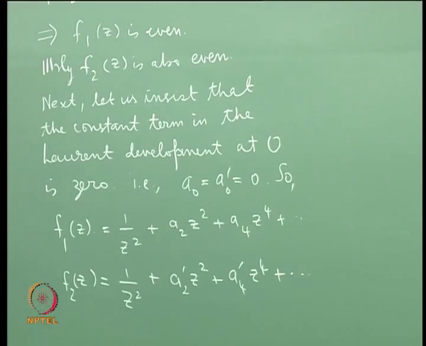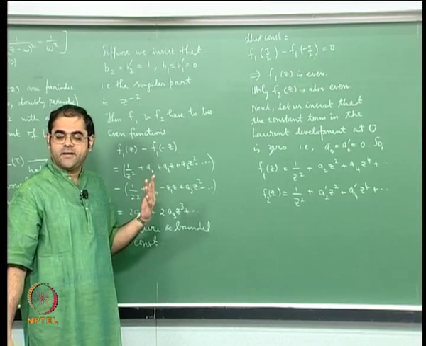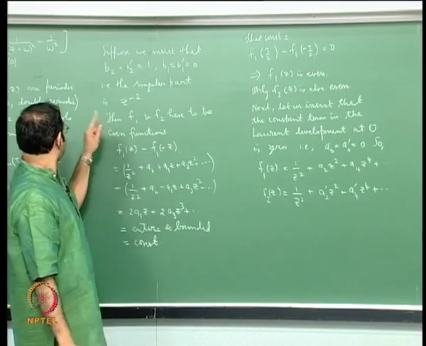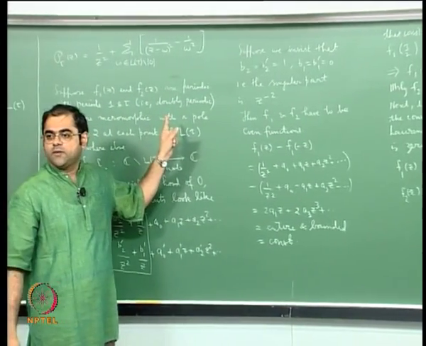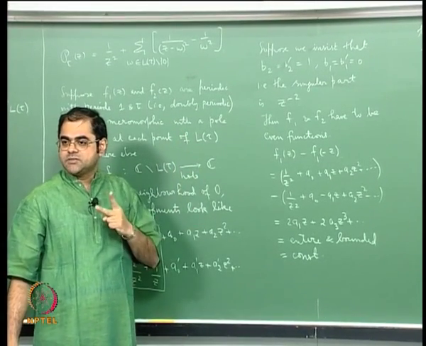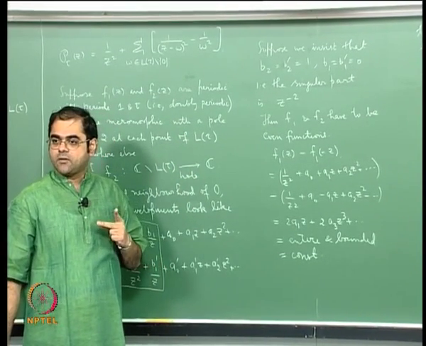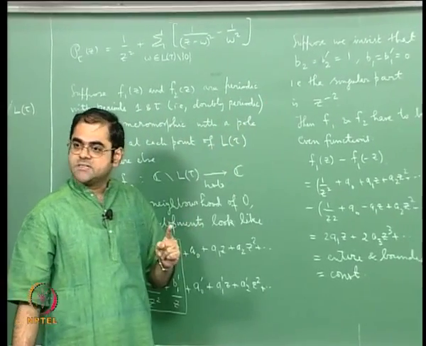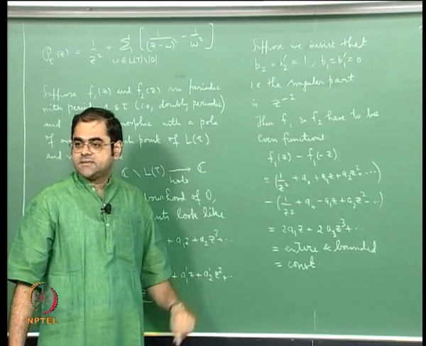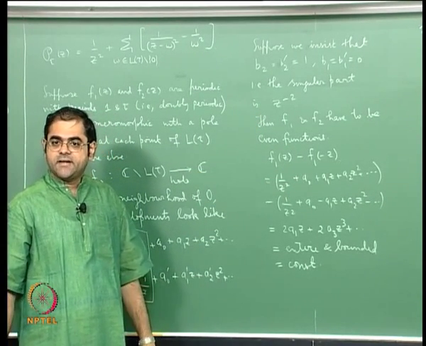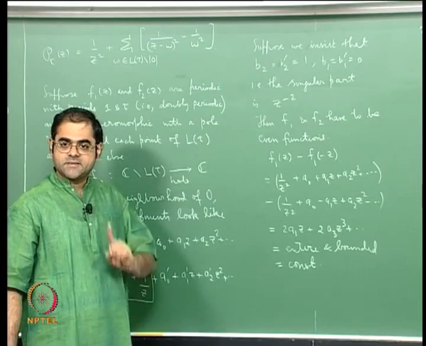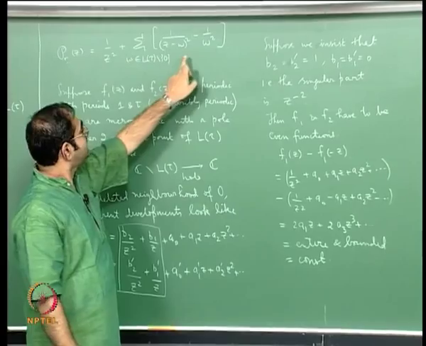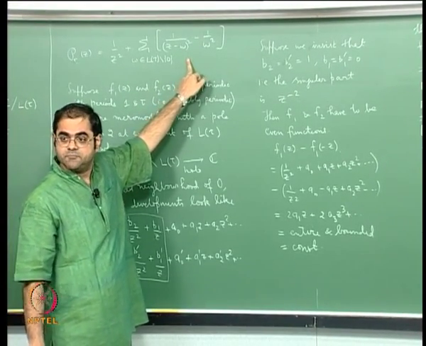So the upshot of the story is, you take a doubly periodic function, that is an elliptic function with exactly a pole of order 2 at each point of the lattice, you put these two normalization conditions, namely in the Laurent expansion at the origin the singular part is 1 by z squared and the second condition is that the constant term is 0, then there is only one function, and the claim is that that one function is the Weierstrass Phe function, okay, and the function is given by this formula, okay, that is the claim, okay.